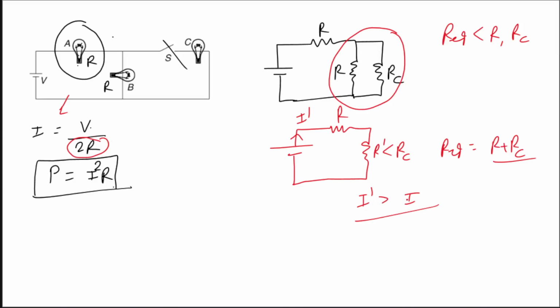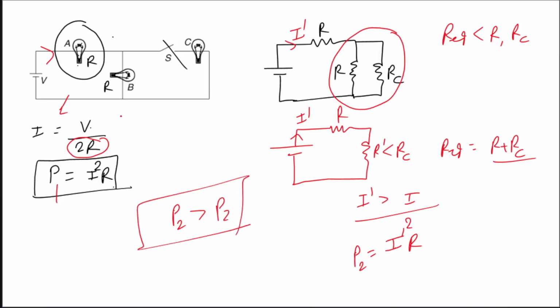And if it is greater than I, in that case, what will happen? More power it will consume because that current I dash will directly pass through this bulb A. So power consumption by bulb A now will be I dash squared times R, where I dash is greater than I. Done. So here, if you write P2 and P1, we know P2 is greater than P1. So the bulb will glow brightly. And maybe it is operating at its optimal power, that is 40 watt, because the current I dash in this case is larger.